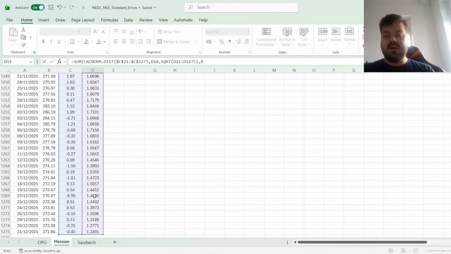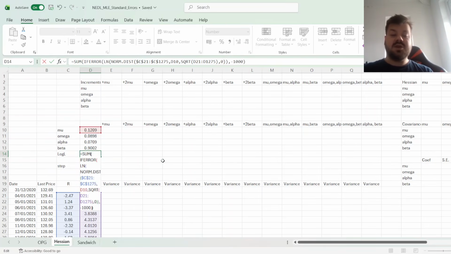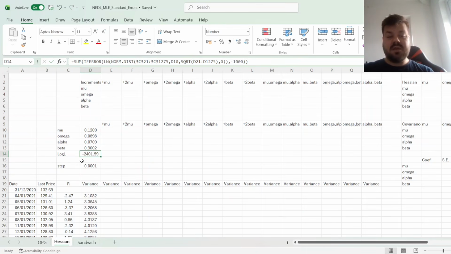And then we plug in 0 for the probability density function, which is likelihood. This would work, but for further robustness, I'll plug in the IFERROR function on top of the log and say that if it returns an error, return some large negative number, say minus 1,000. And so the log likelihood of this model, the model that has been optimized already, is here.